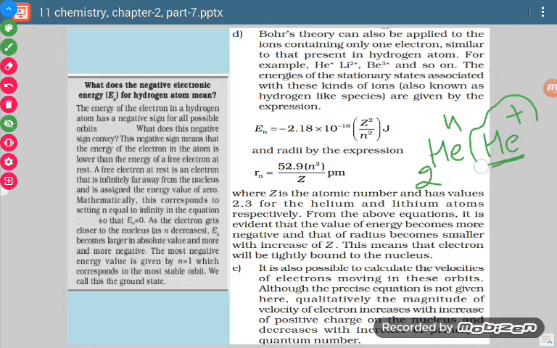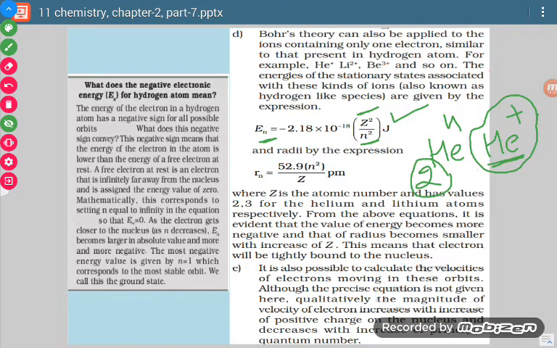Now for an electron in He positive, if we want to calculate the energy, then we have to put the values over here. Suppose the electron is present in the first main energy level, then the n value becomes 1, and Z is equal to the number of protons, so it is 2. So E1 for He positive will be minus 2.18 into 10 raised to power minus 18 multiplied by 2 square divided by 1 square, because n is the orbit in which we are calculating.